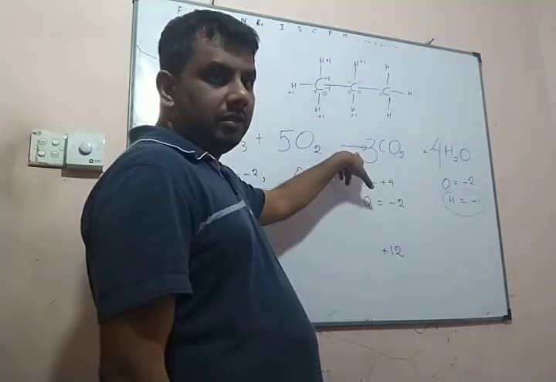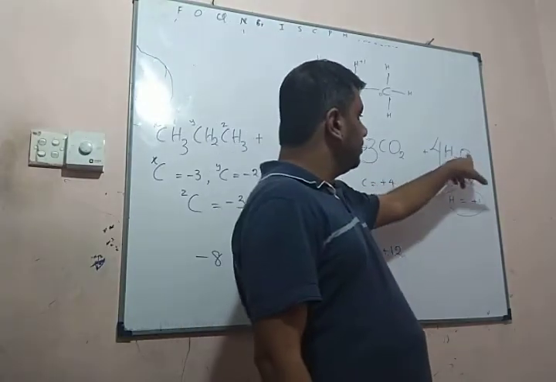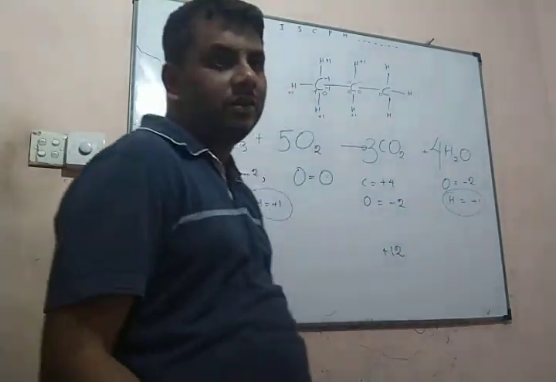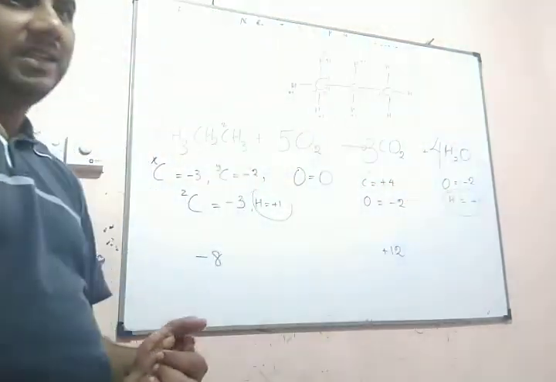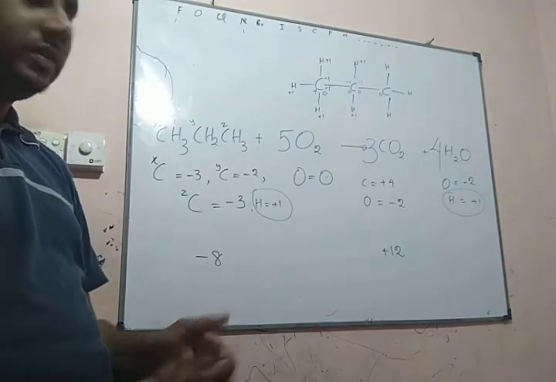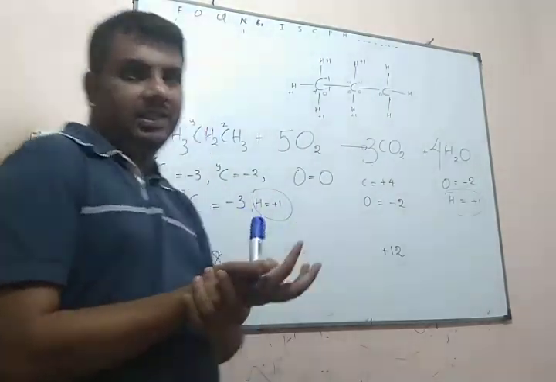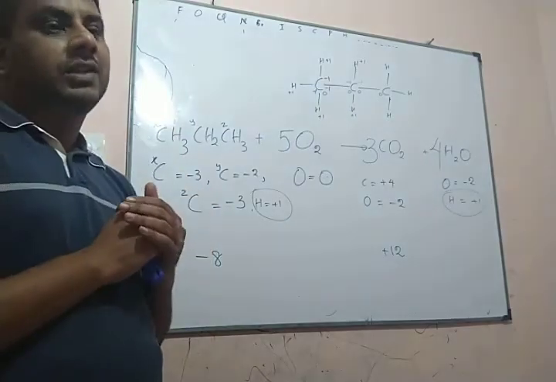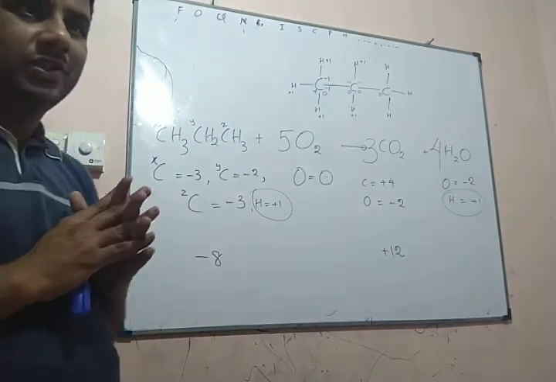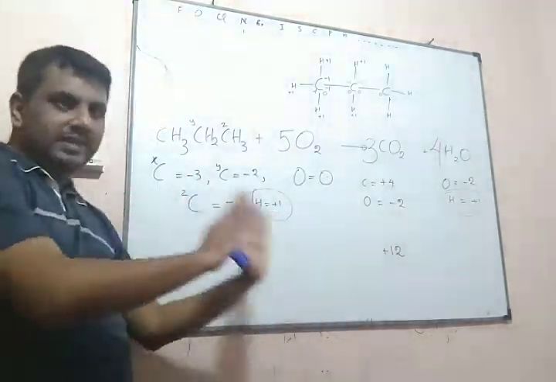Into 3, minus 12. 4 into minus 2, minus 8. So, minus 20. Right? Oxidation state 0 to minus 20. So it has gained 20.